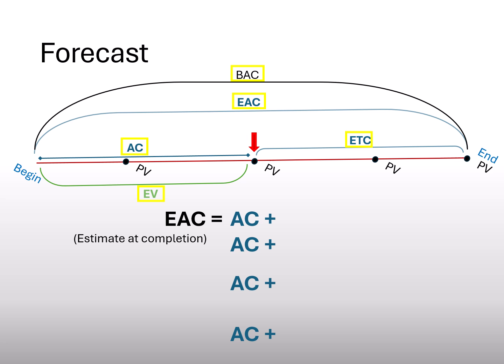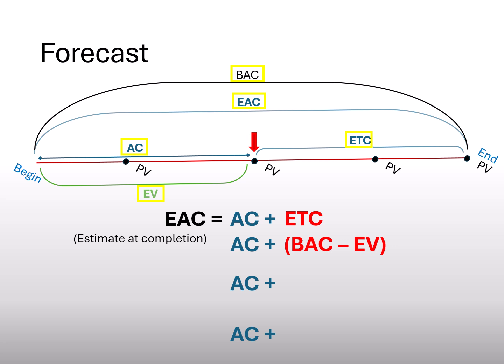If we look at the chart, the first and simplest way to compute EAC will be the sum of AC plus ETC. The second way could consider what I said at the beginning and what I actually did, so the original budget and the earned value. So I could add the difference between BAC and EV.